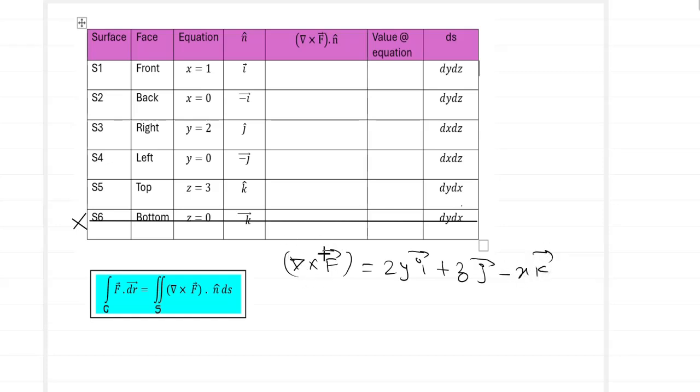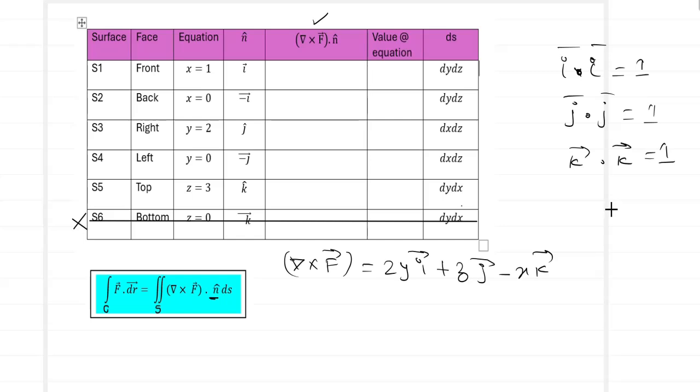Why are we copy pasting it here? Because over here we need del cross F dot n cap, which has to be computed. So now I have my n cap values, I'll have to take the dot product. We need to keep in mind for the dot product, i dot i is going to be 1, j dot j equal to 1 and k dot k equal to 1.